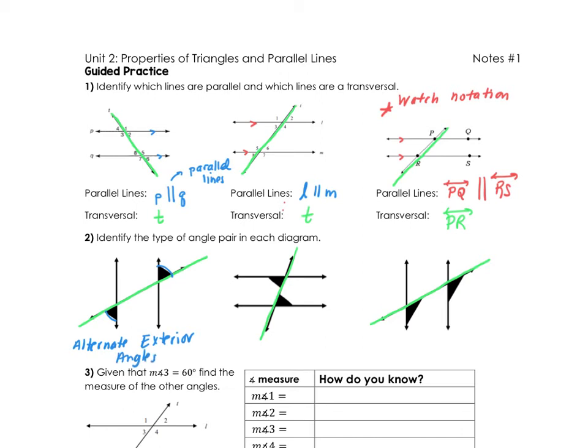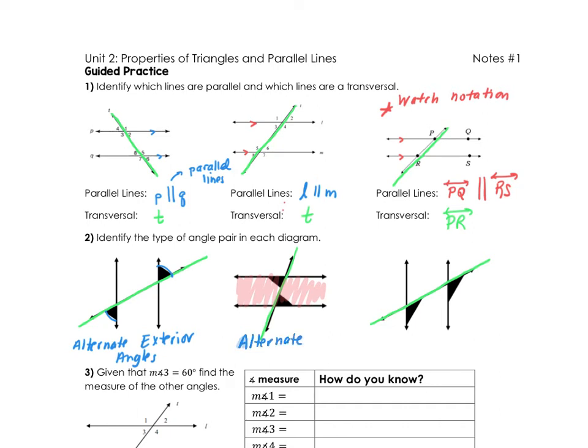Now, in this next one, notice that these angles are both in between our two lines, but they're on different sides of the transversal. So since they're on different sides of the transversal, they will be alternating or alternate angles.